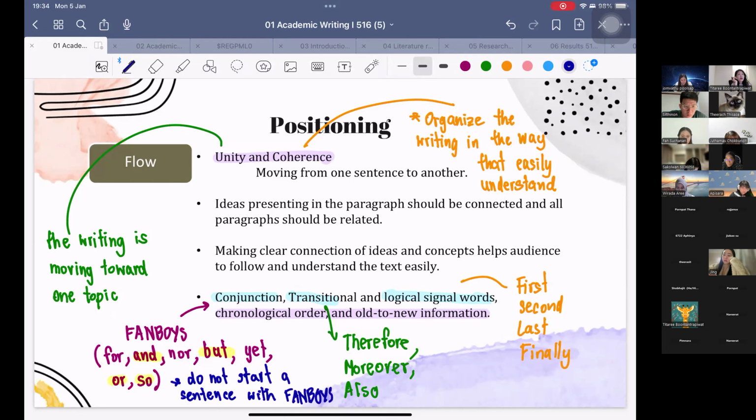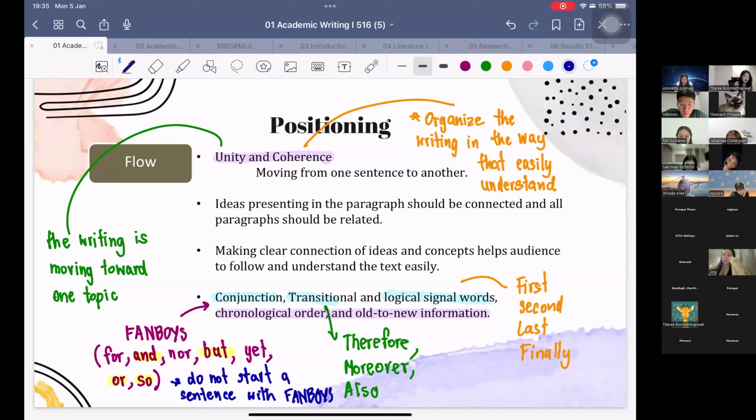Talk to your friends, you can start your sentence with a FANBOYS word. In academic or research writing, you are not going to see any author start a sentence with or, or start a sentence with the word so. They are not going to use it. Academically, the FANBOYS words are used to connect sentences.